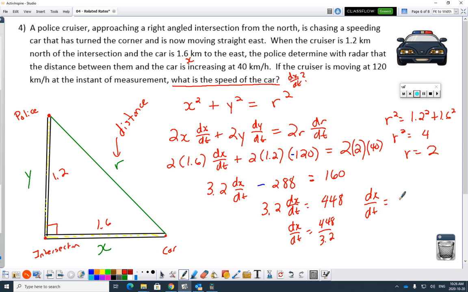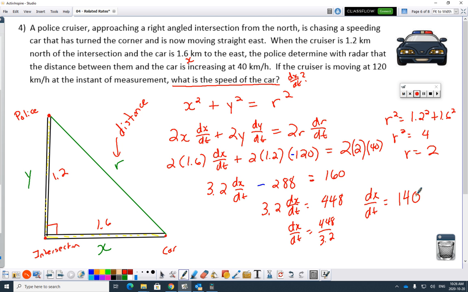This is asking a lot. 1, 12, 4, 0? Really? No, can't be. 448 divided by 3.2. 140. Okay, let me check the other numbers.